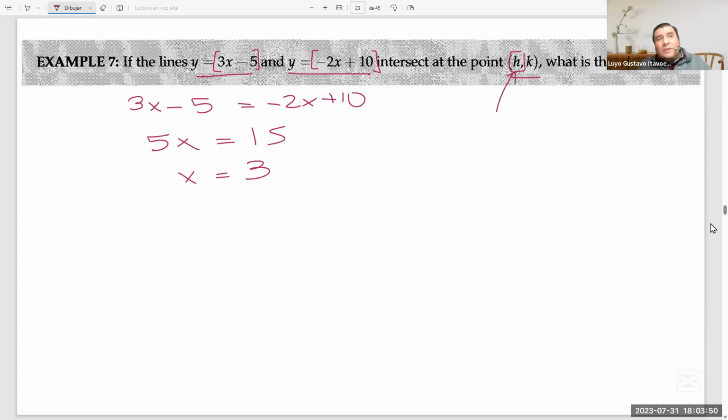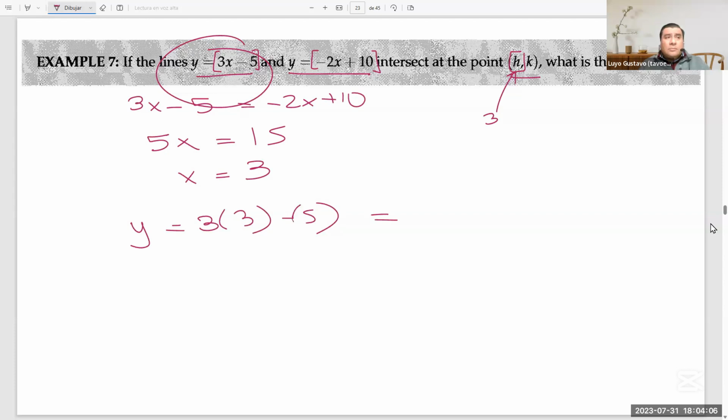This one would be 3. So now, find the corresponding value for y. Y, for example, using the first line equation, is 3 times 3 minus 5. So what do you have here? 4. Okay? So that's it. The value of k is actually 4, right?